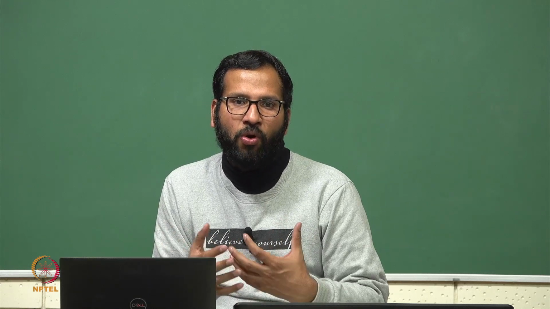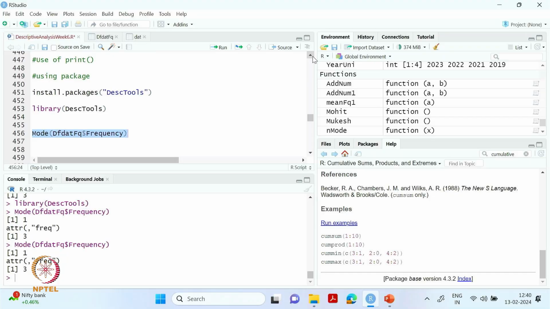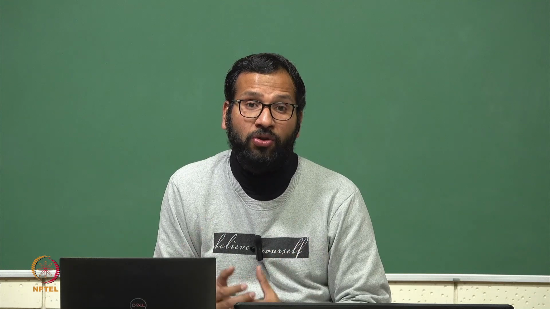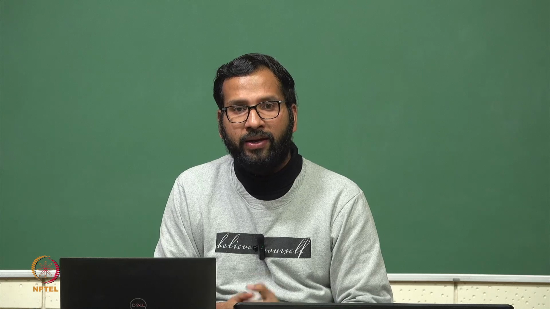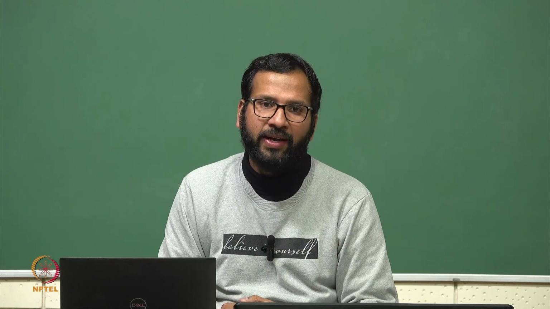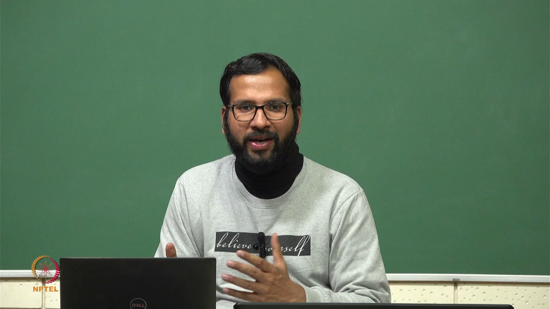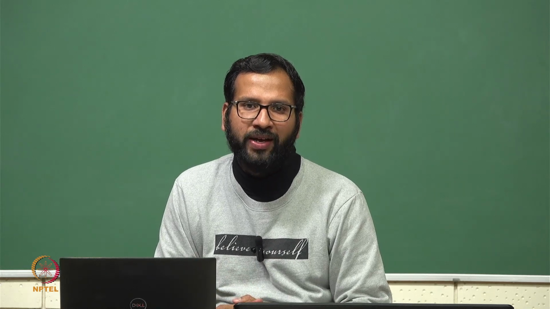For mode, we created our own function and also used the function from the external package. I request you all to use the practice data set and perform all these operations, calculate the mean, median, and mode first the lengthy way and then the shorter way, and do let us know your experience of doing the analysis.